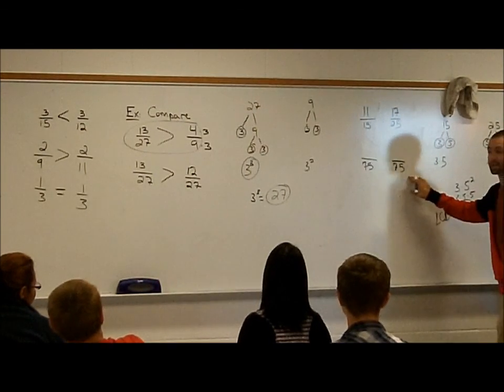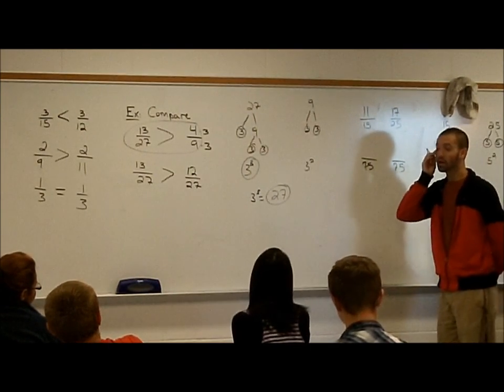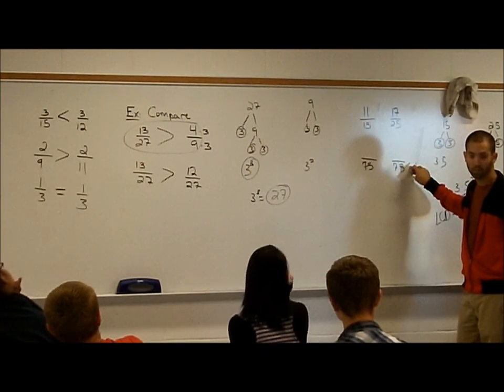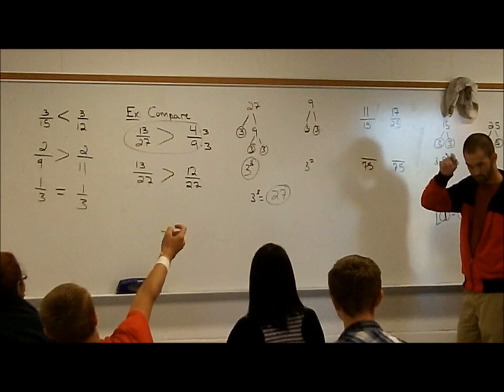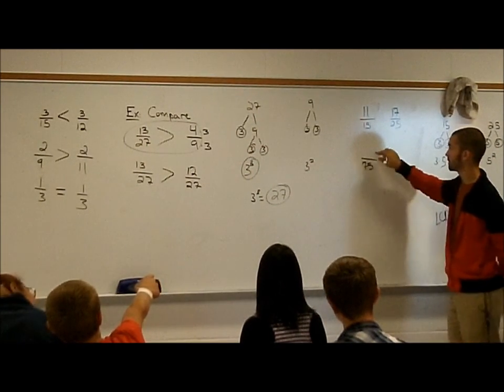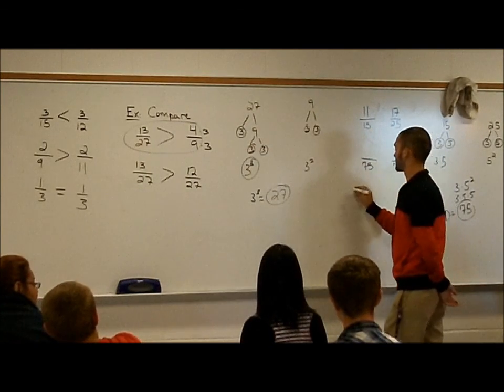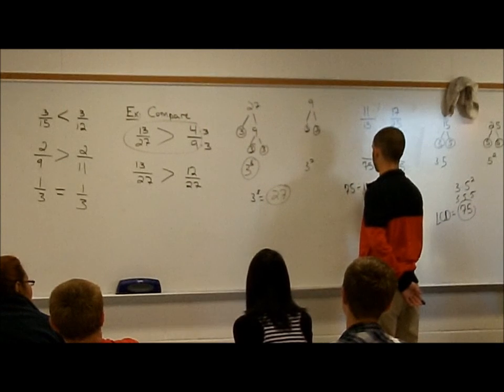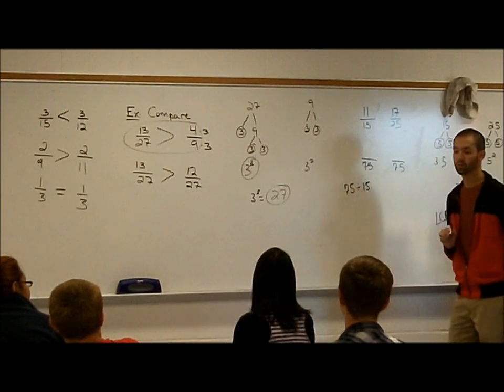Okay, so the question I'm asking is, what's my next step to go from here to here? What do I need to do? So divide 75 by 15. 75 divided by 15. Go ahead and do that. 6.